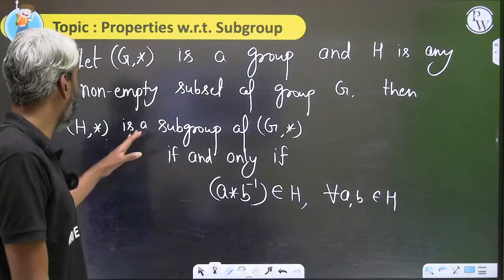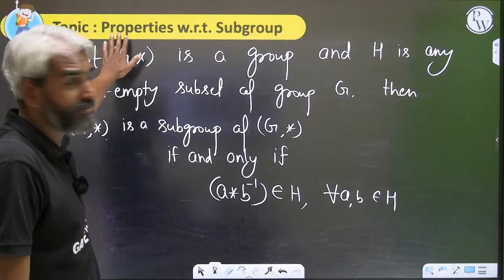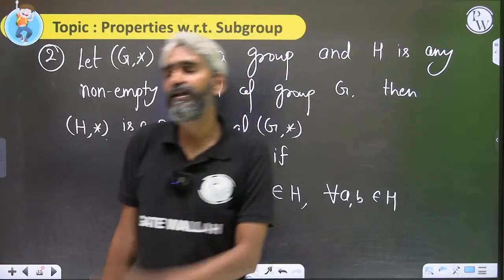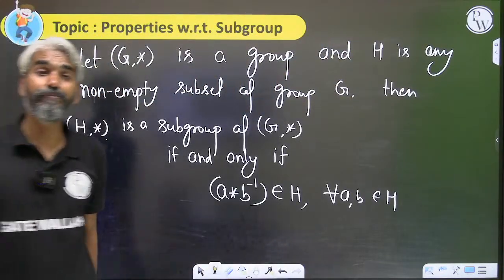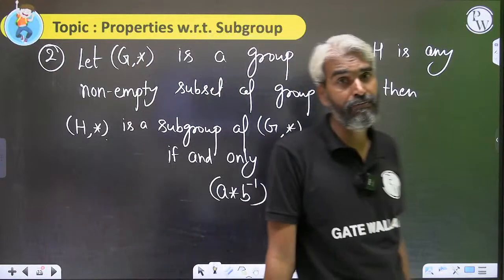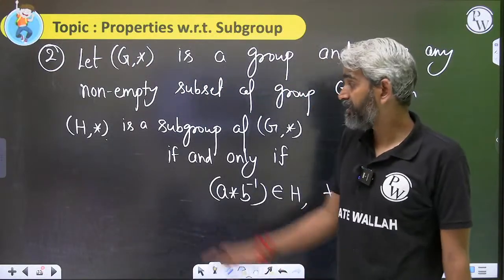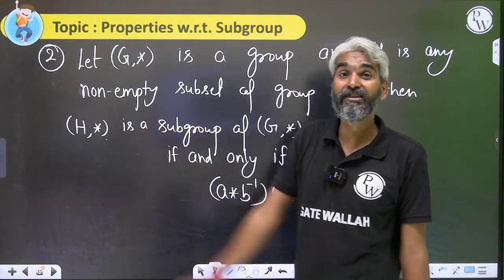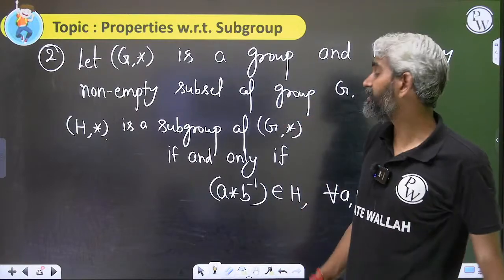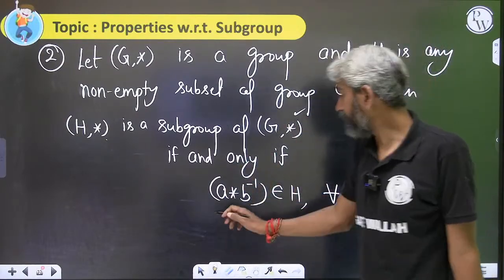So this is one important property: if G is any group and you take any non-empty subset H of G, then H with respect to binary operation asterisk is guaranteed to be a subgroup of G if this property is satisfied.